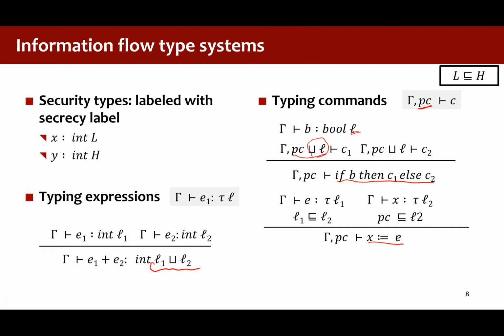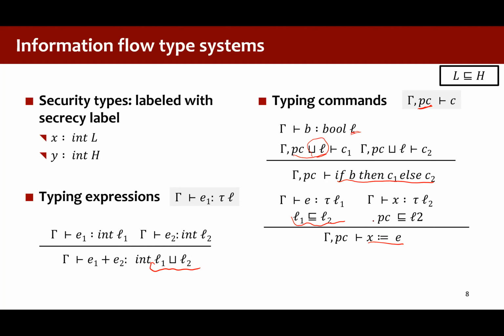All right. So let's go back to the assignments. Here I'm assigning E to X. So there's obviously an explicit flow from E to X. I have to look at the label of E, look at the label of X, and make sure that E's label can flow to X's label. That's the condition up here, so that's checking the explicit flow. There's also implicit flow, because this assignment could have happened inside a branch.